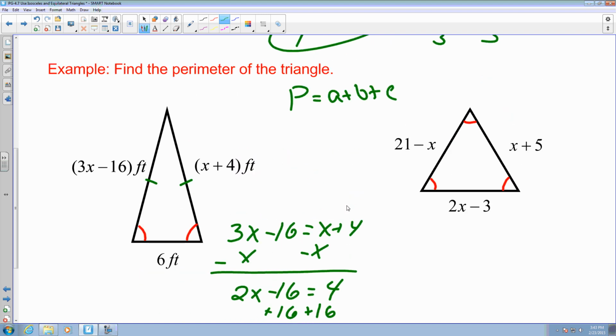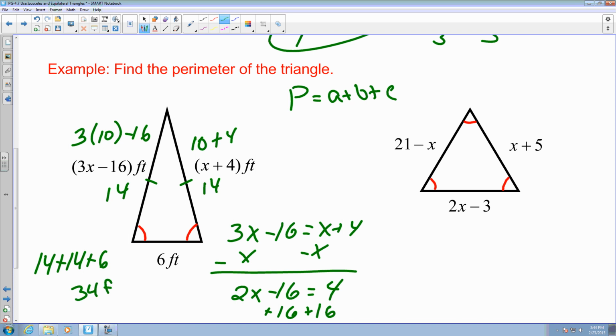So I have to plug in 10 in for x, and I get 14 over here, and I should get 14 over here as well. 30 minus 16 is in fact 14. So to find the perimeter of this, I take 14 plus 14 plus 6, which then gives me 34, and it was labeled feet.